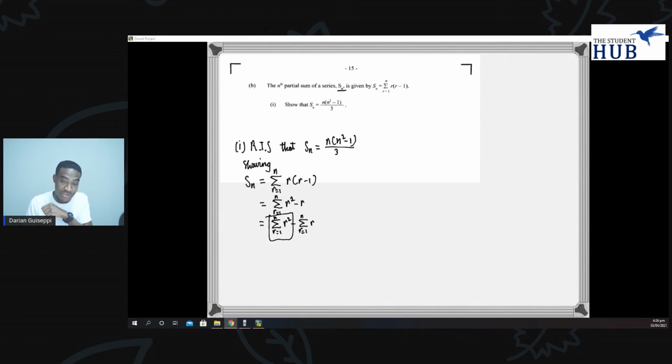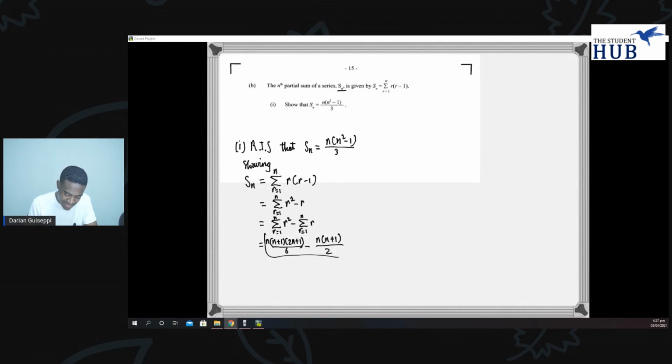The sum from r is equal to 1 to n of r squared, you should know that formula by heart. And also the sum from r is equal to 1 to n of r. These are summation rules that you should know. I would advise that from the time you see this, you should apply this here. These are the rules governing the sum of r squared and the sum of r.